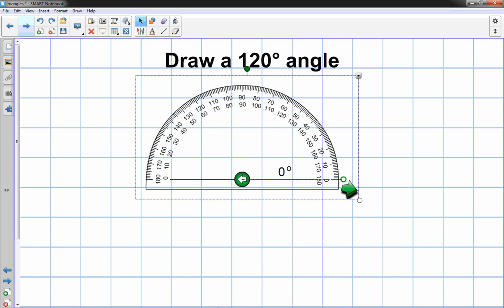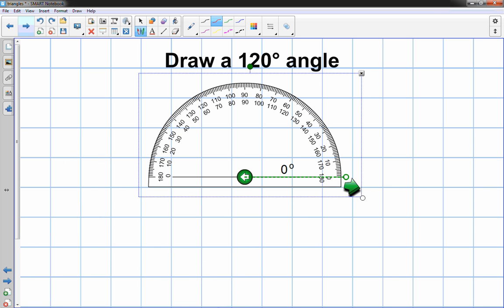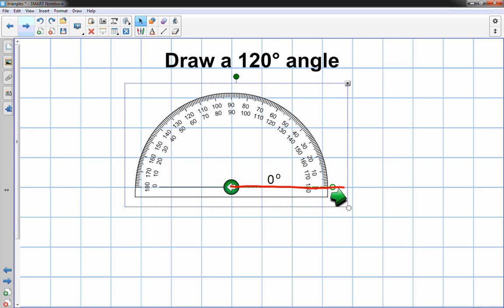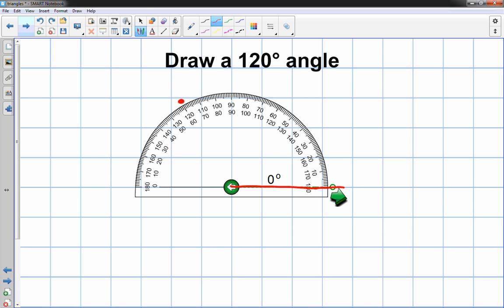So, same process. Just draw a line there, put the bullseye down. Now what we want to do is make it nice, open and wide, greater than 90. So I'm going to put my dot over here.